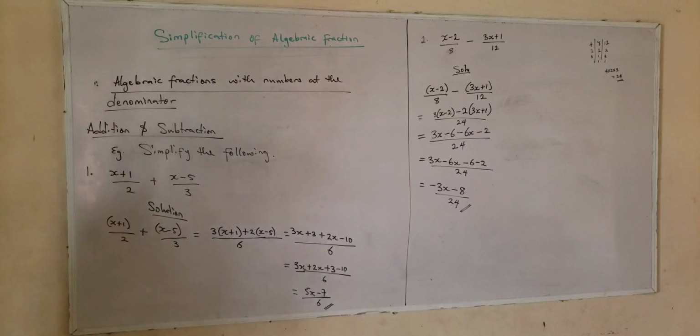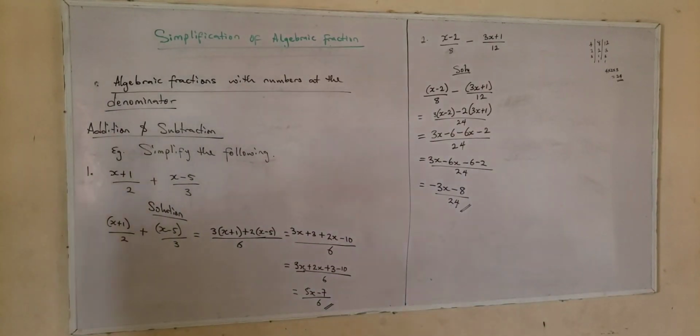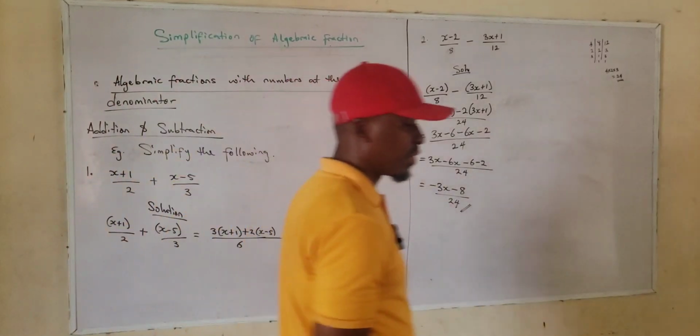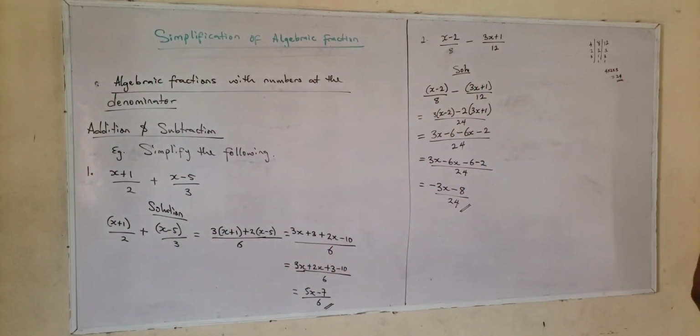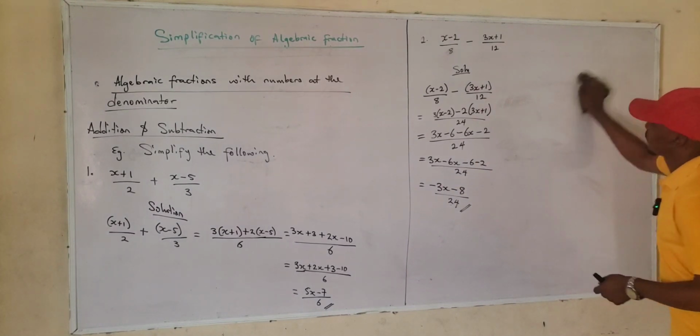Okay, so we are going to solve more examples when there is a whole number, or when one of the fractions is not an algebraic fraction and the other one is an algebraic fraction.